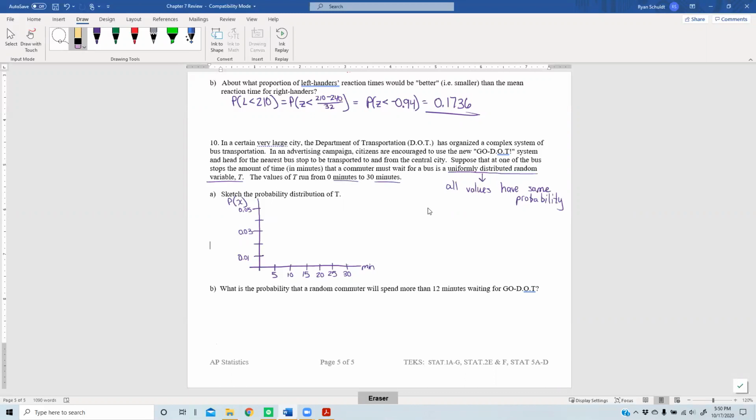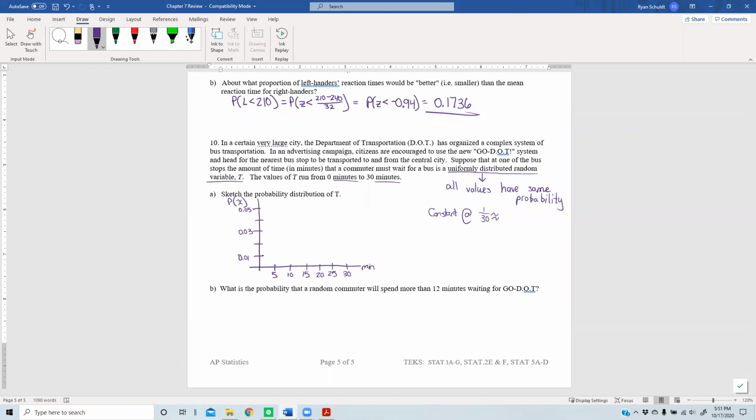It's going to be a constant 1/30th, which is approximately equal to 0.033333 repeating.